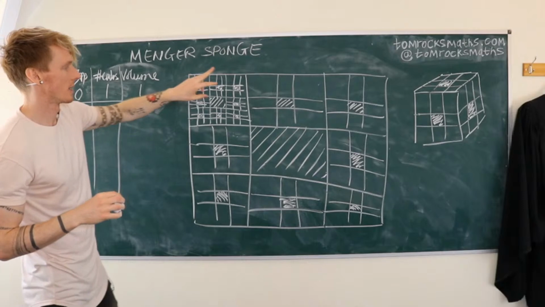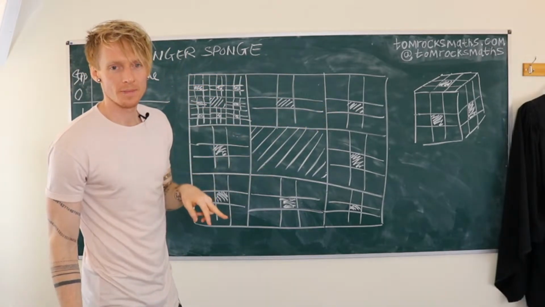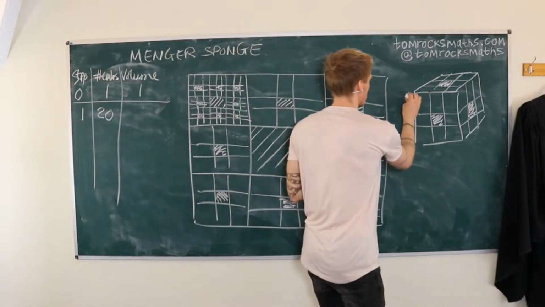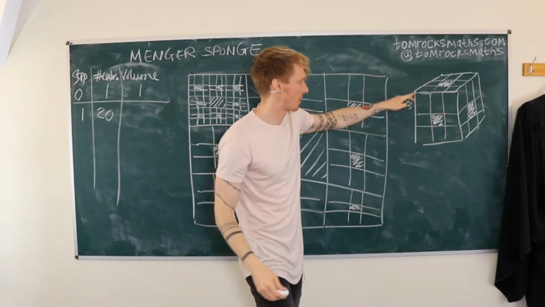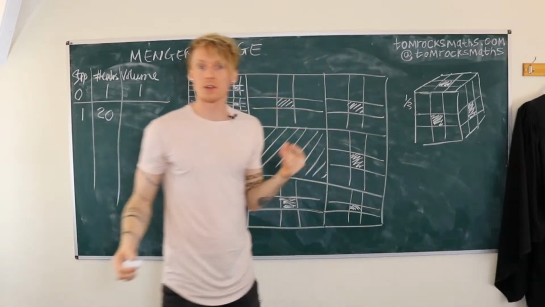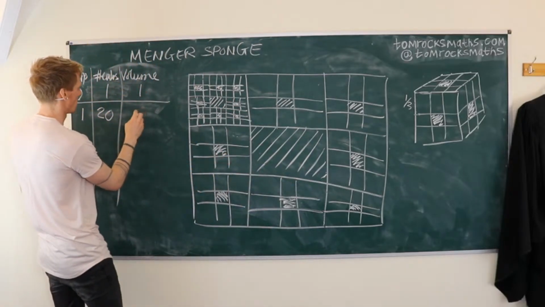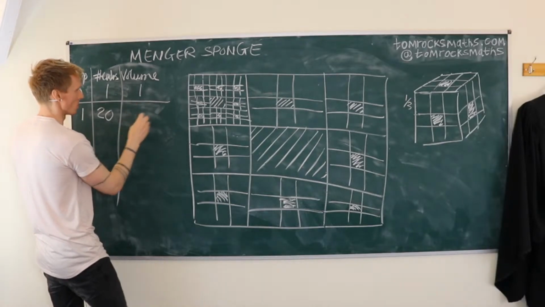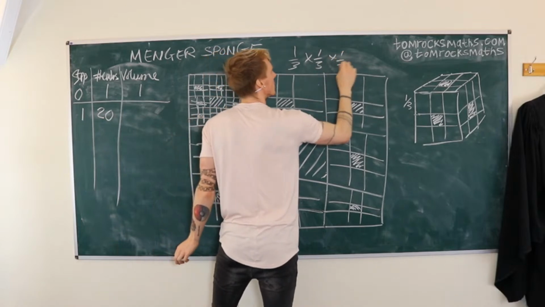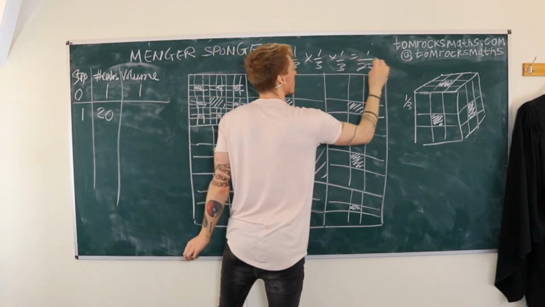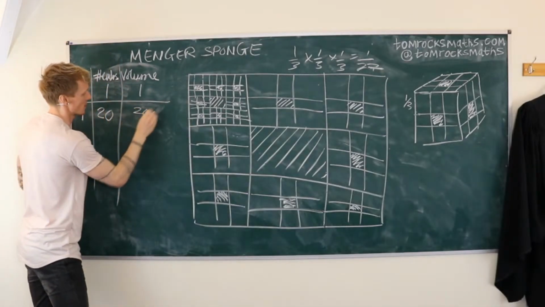We know what the volume will be because we've got 20 cubes left, and each cube is now 1/3 on each side because it was dividing up each length into 3. So the volume is 1/3 cubed. Let's write it over here. The volume is 1/3 times 1/3 times 1/3, which is 1/27. But then we've got 20 of them, so this is 20/27.